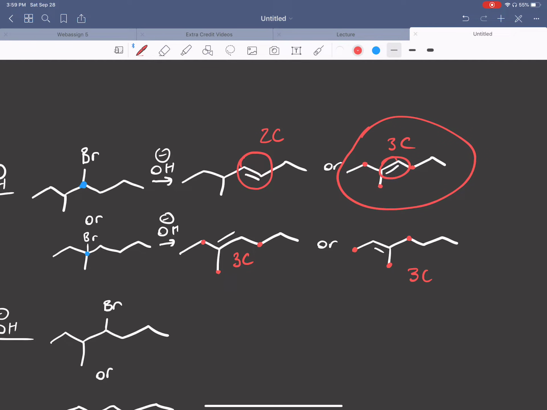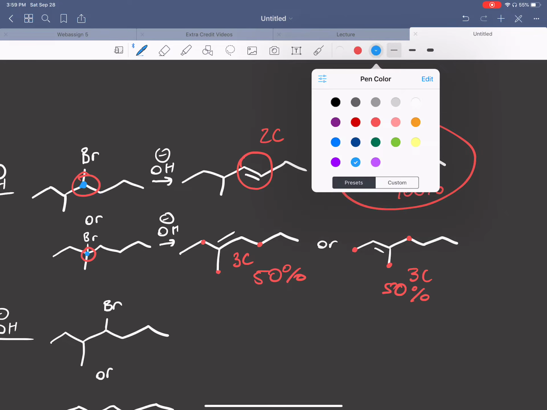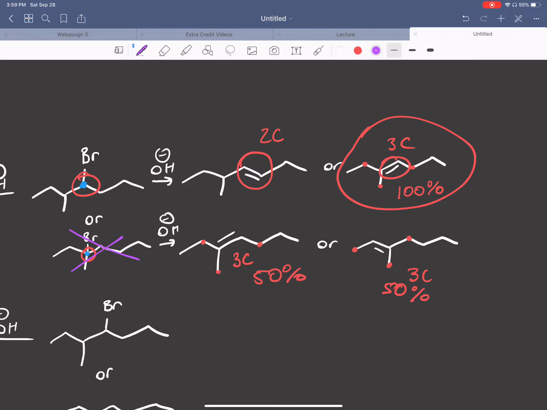So if I put the Br on that carbon right there, because the double bond is equally substituted on both sides, we can get this 50% of the time and that 50% of the time, right? Whereas if I put the Br here, we would get this one 100% of the time. And so you need to be able to do your synthesis 100% of the time. So we cannot put the Br where we put it right here.